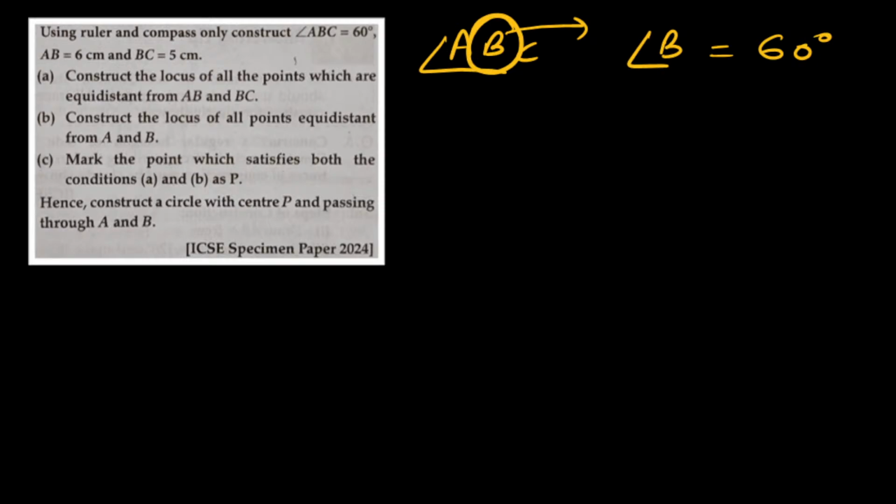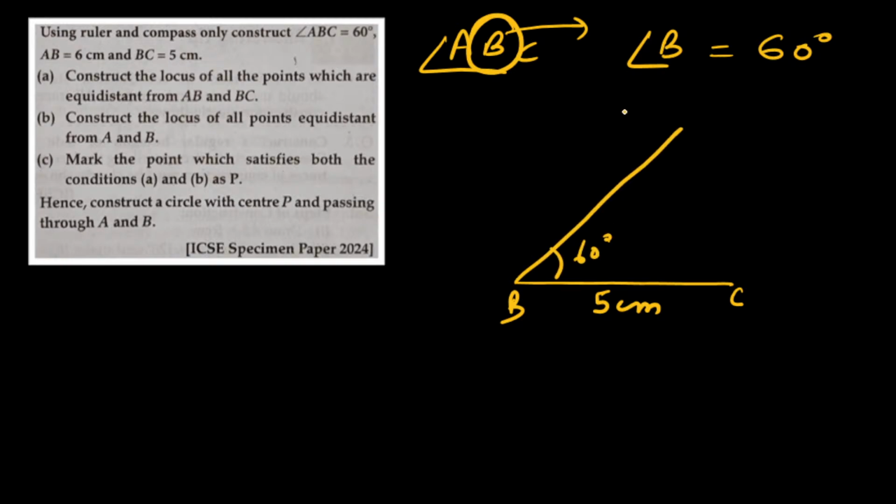So how will I do the rough sketch? BC is given to us. I'll draw a line segment BC which is 5 centimeter, and angle B is 60 degrees. So here at B as center, I'll draw an angle of 60 degrees. Now point A will come here. AB should be 6 centimeter. At 6 centimeter, I'll mark one arc.